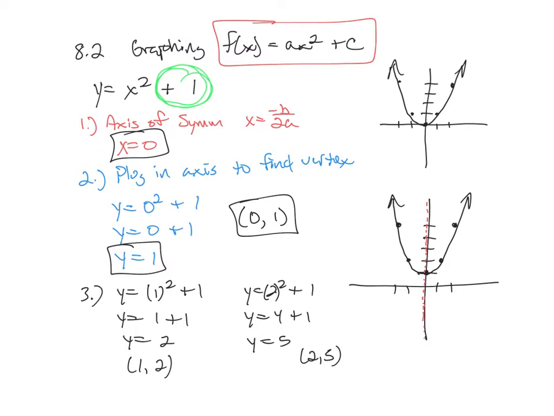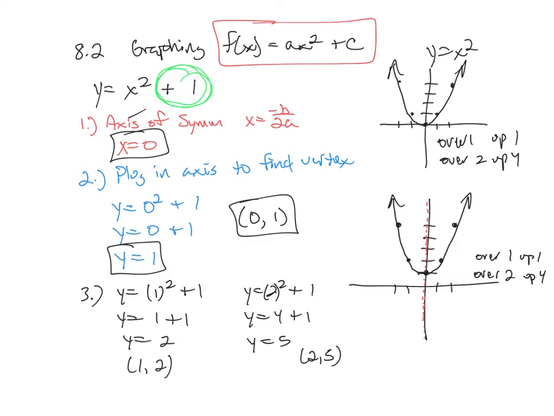So like on this first one up here, over 1, up 1, over 2, up 4, what happened on this one? From the vertex, over 1, up 1, and over 2, up 4. Remember, it's the same pattern because this one up here is y equals x squared, and it's the same as what I have, it's just plus 1.